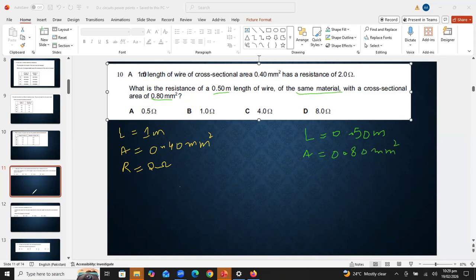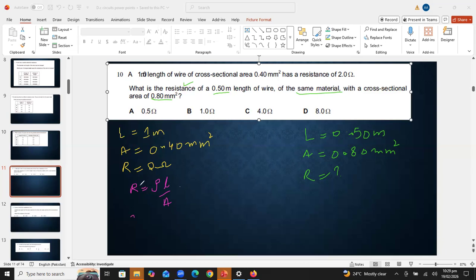We have to find the resistance of this new wire. Look, beta, I told you the formula already: R equals rho L upon A. With this data I will find the resistivity, because the wire is made of the same material, so resistivity will be the same.